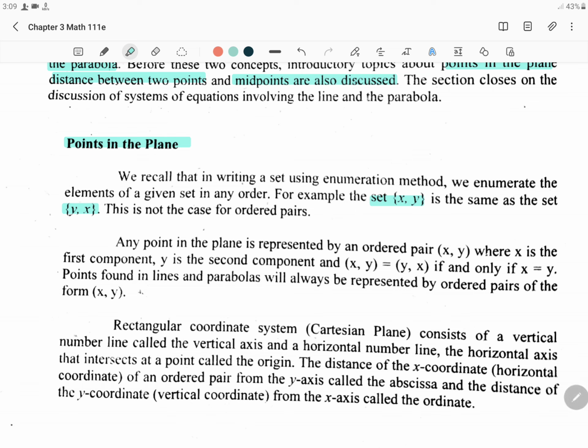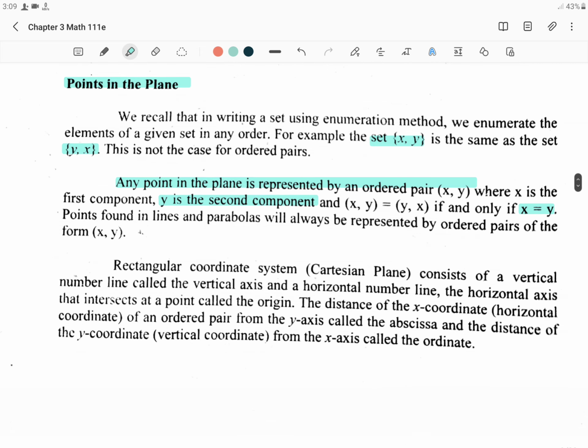Okay? Any point in the plane is represented by an ordered pair x, y, where x is the first component at yung y natin, yan yung second component natin. Magiging equal lang yung ordered pair natin na x, y is equal to y, x if and only if yung value ng x at y natin ay magkapareho. Kaya kung saan, pwede lang nating makonsider yon.